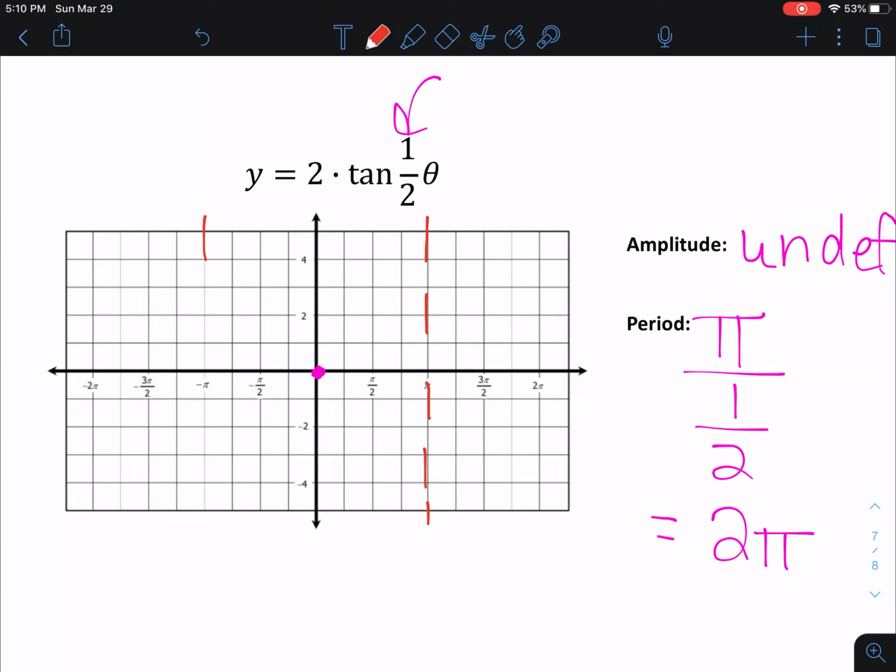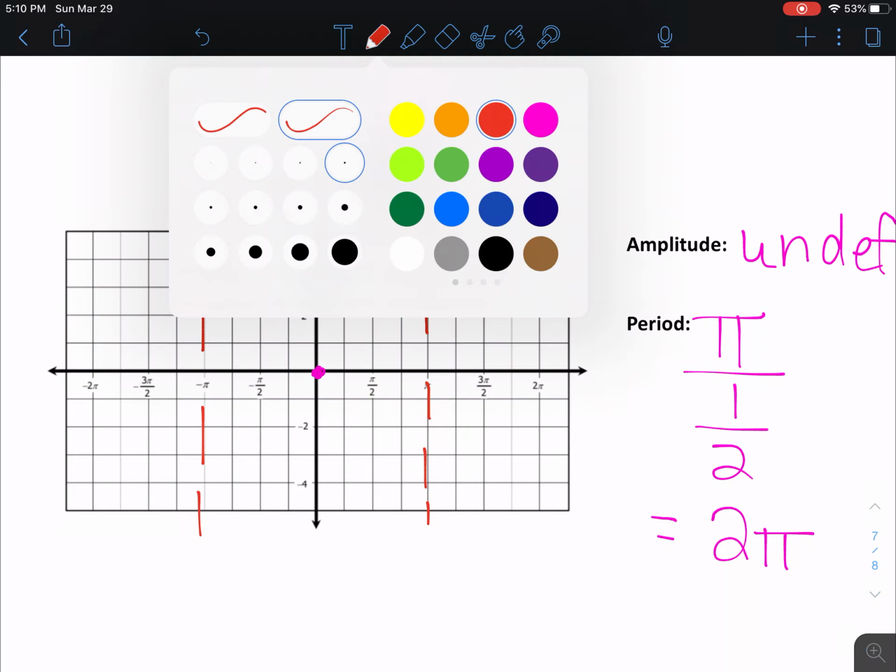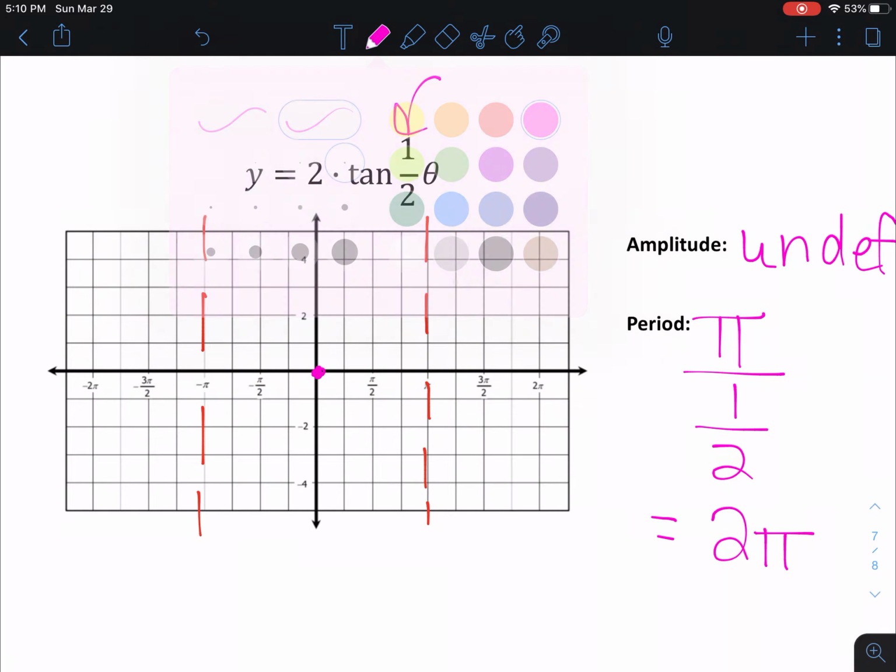Now there are my asymptotes. You want to make sure, is this distance here 2 pi? Yeah, okay, and it's halfway in between on either side.